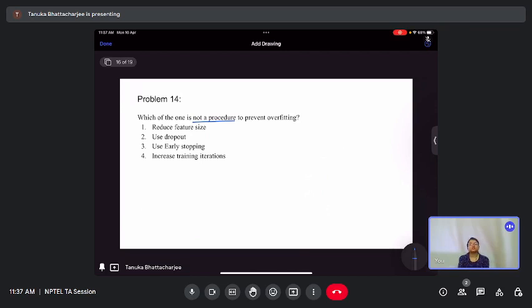So too much information is being captured from your training data. Indeed, if you reduce your feature size, that will provide the network with lesser information about your training data. So that can help in preventing overfitting.